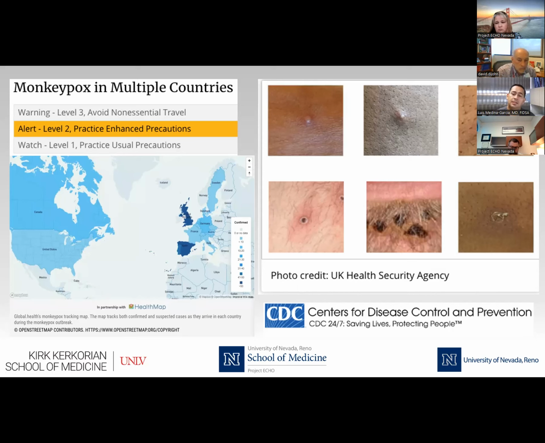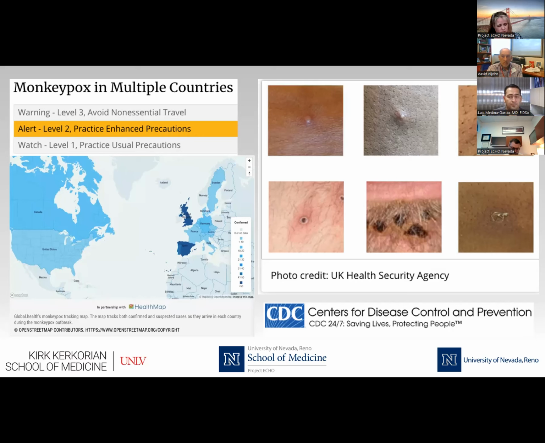And so here you see some photos from the UK Health Security Agency where you see the evolution of the lesions. It usually starts with an area of redness or erythema, and then you develop a small nodule that turns into a pimple-like lesion, then a vesicle, then a pustule. You can see here on the top right-hand corner that there's an area of umbilication, meaning a little dip in the center of the lesion, which can make you confuse it with other diseases like molluscum contagiosum.